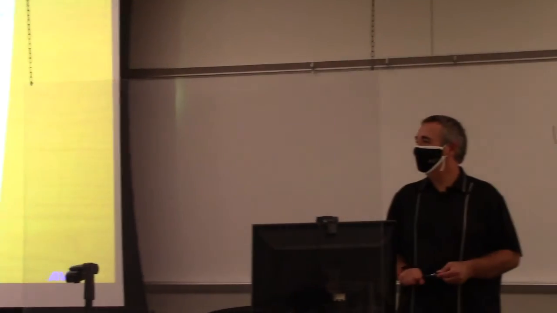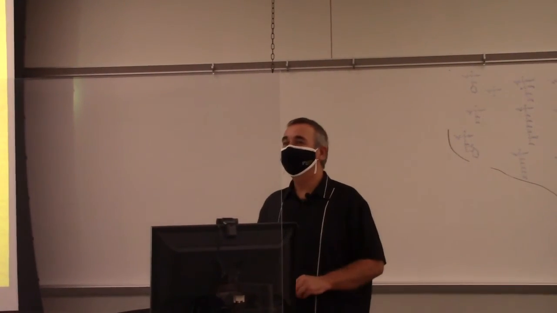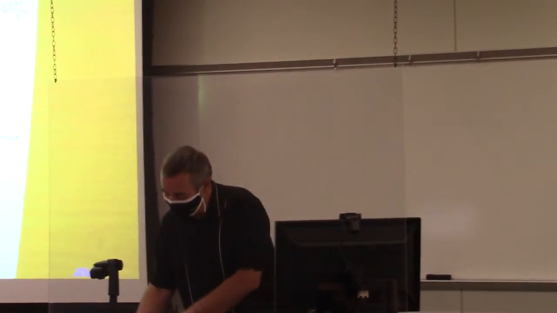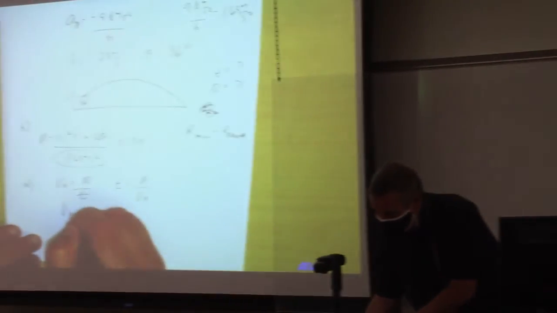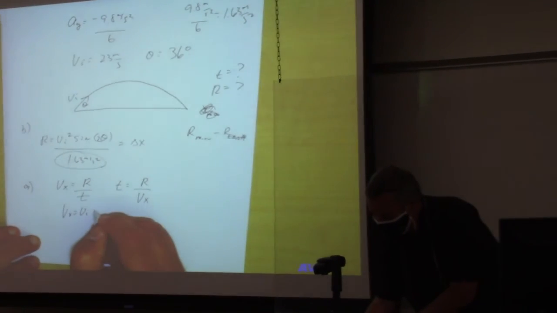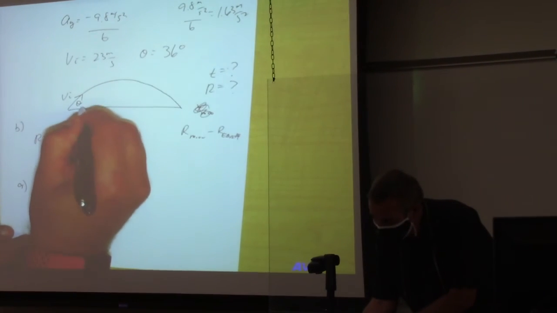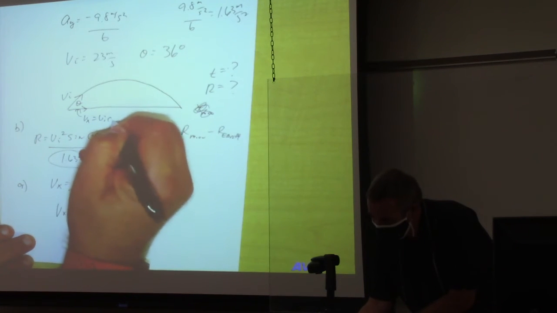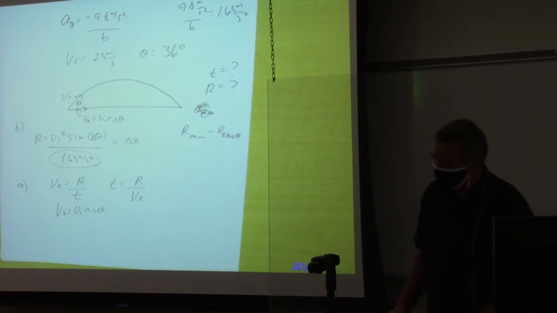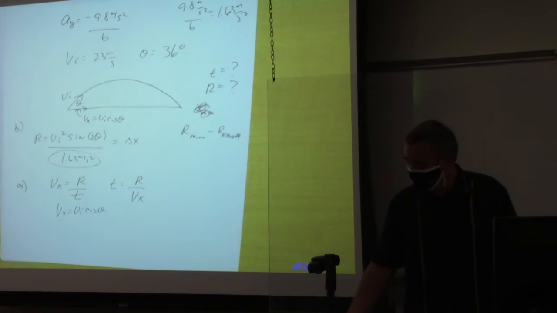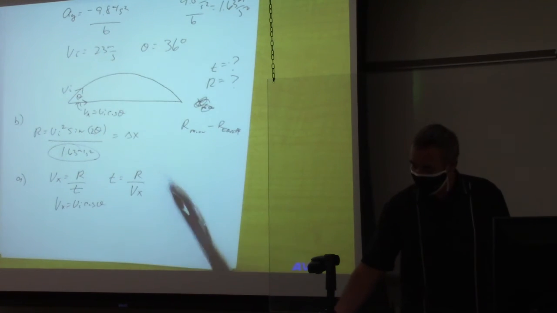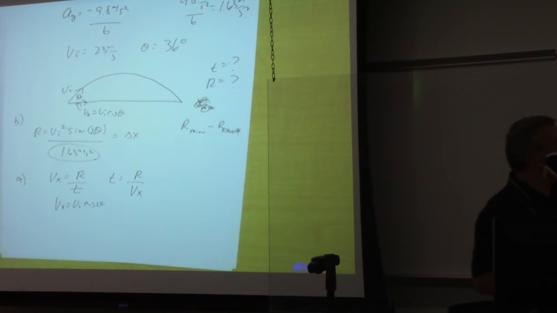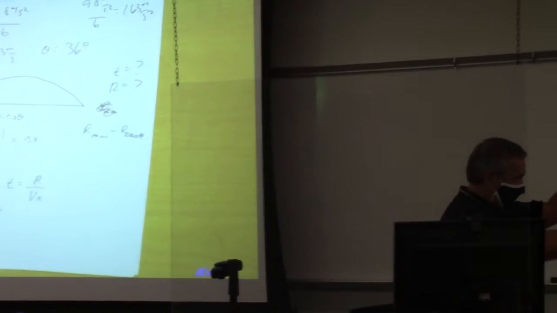I think people are saying no, you're skeptical of it, which is good. It's not 23. The x velocity is the overall velocity times the cosine of theta. This part is the x velocity. So you can get the time, take the range that you got from part B, divided by the x velocity. Not the overall velocity. The overall velocity is at some angle here. The x velocity is this part.